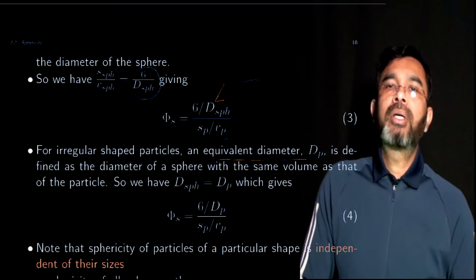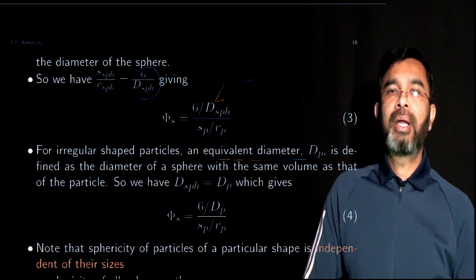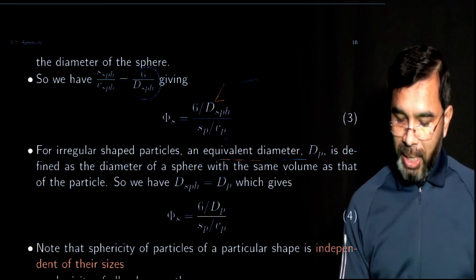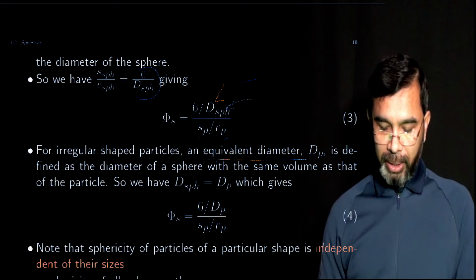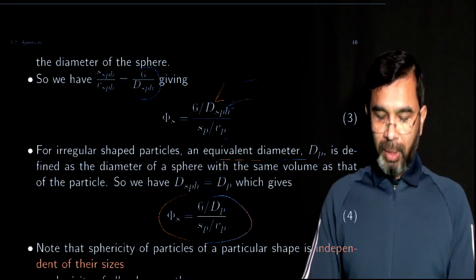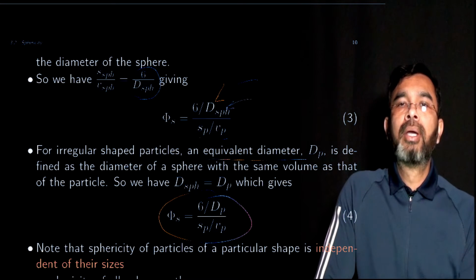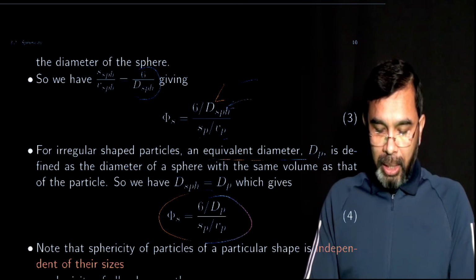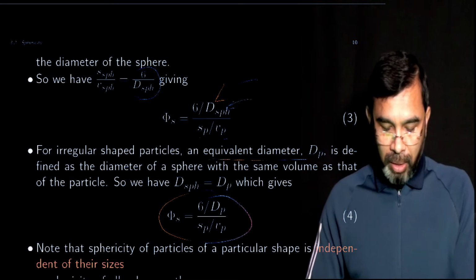The equivalent diameter of a particle is defined as the diameter of a sphere having the same volume as that of the particle. So you see here, the diameter of the volume-equivalent sphere is equal to the equivalent diameter of the particle. So by replacing this, we get phi_s equals 6 over d_p, divided by S_p over V_p, meaning 6 over the diameter of the particle divided by the ratio of surface area of the particle to its volume.